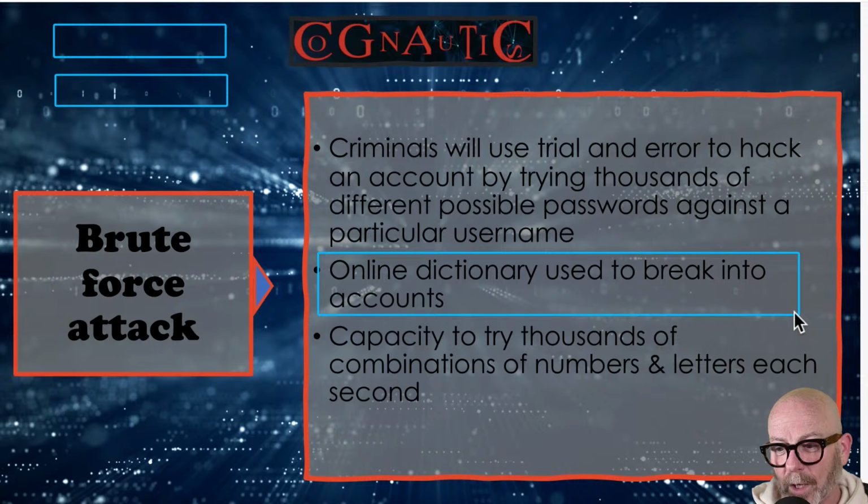And of course, this is why they encourage people not to use passwords like dog or cat, because they're very easy to guess. In an online dictionary, that can be done in a fraction of a second, because it's a very fast way of checking all the dictionary words. And then dictionary words with combinations of letters, again, very easy to do. A piece of software can do this hundreds of thousands of times a minute.